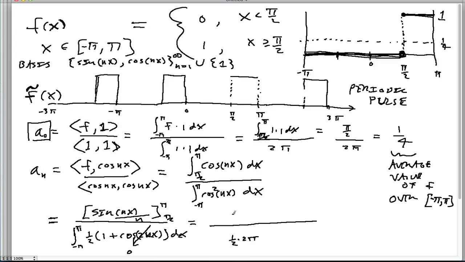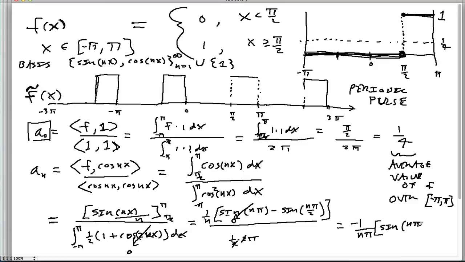On the top we have 1 over n, which we can put out front, times sine of n pi minus sine of n pi over 2. The 2's cancel, and we're left with 1 over n pi times this term. Sine n pi is always 0 for every n value, so we're left with a negative sine of n pi over 2.